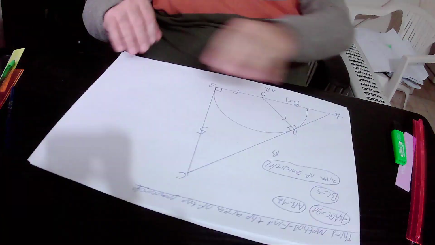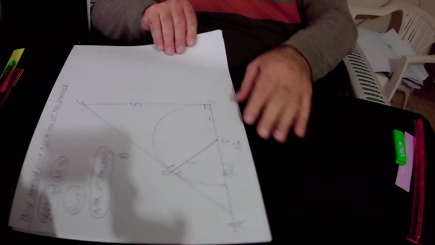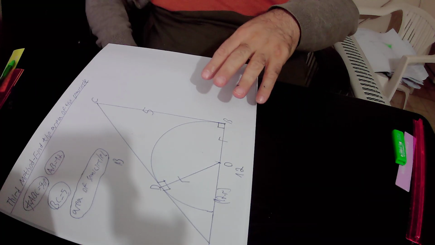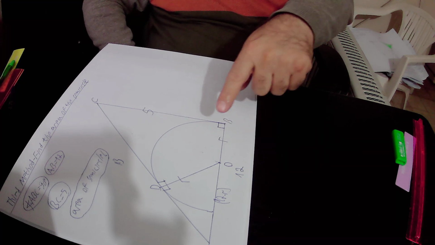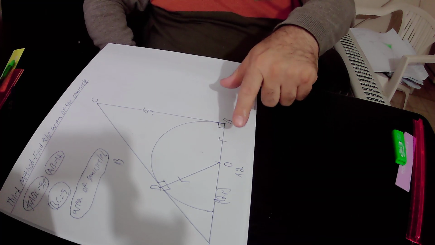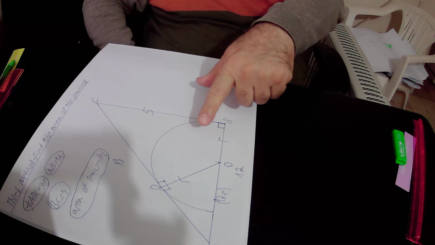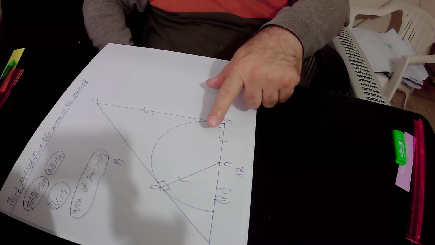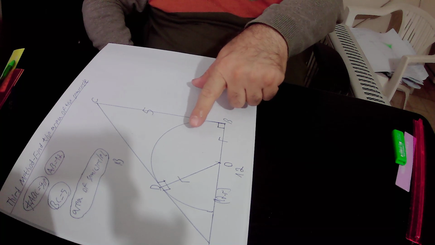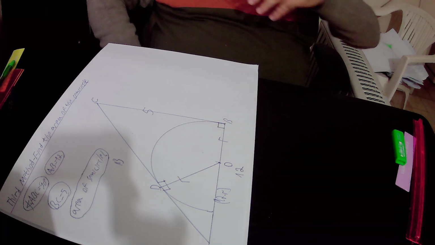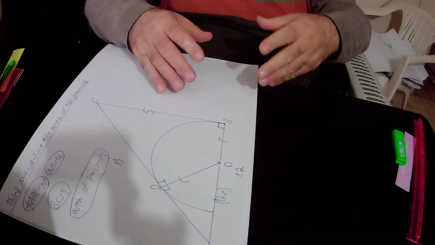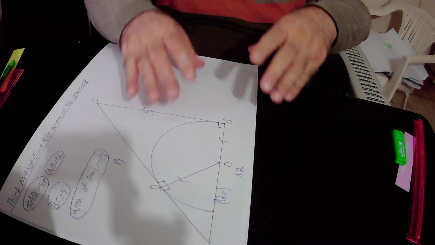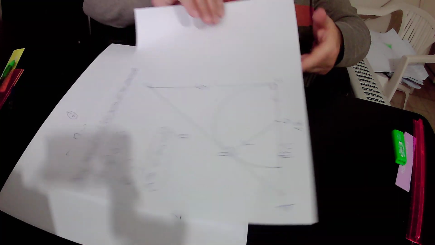In the third method, I actually drew the mirror image of this figure, and then I combined this original image with its mirror image, and in this way we got a circle that is inscribed by a triangle.